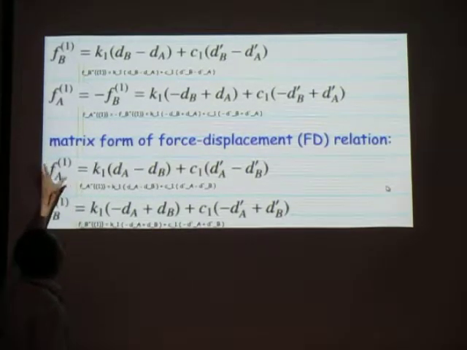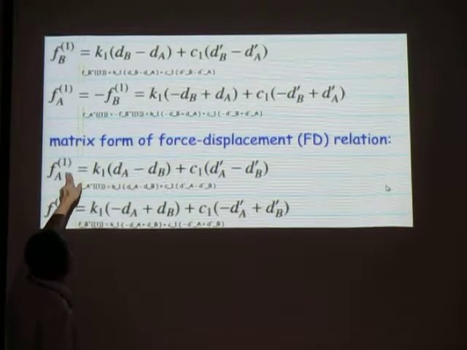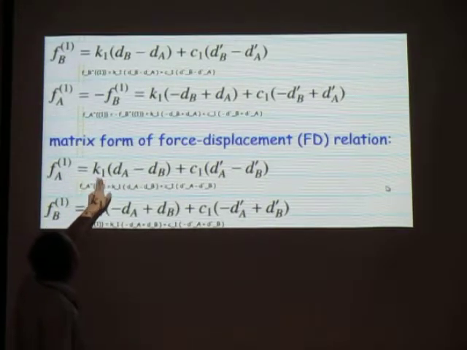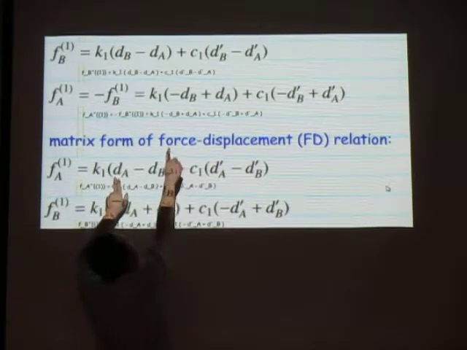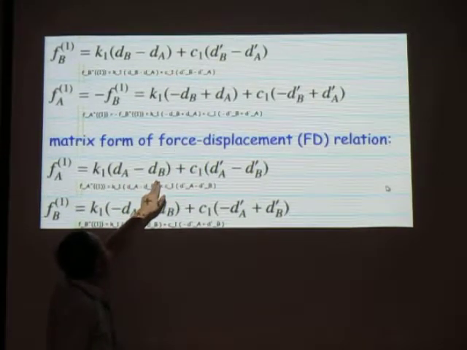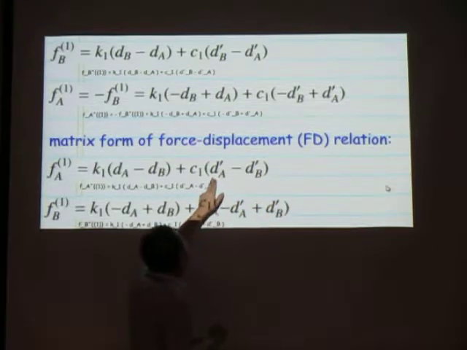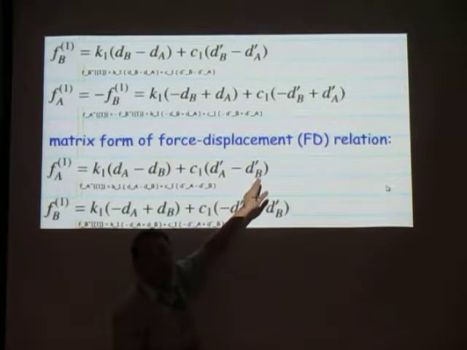So if you rewrite the expression for FA of element 1 as K1, now instead of minus dB plus dA, write dA minus dB. And the same thing for the time derivative, so dA prime minus dB prime.